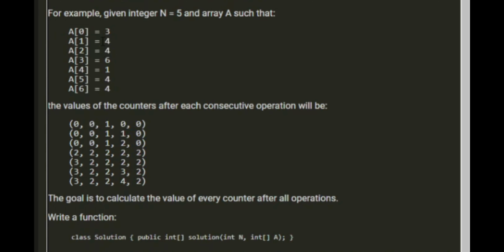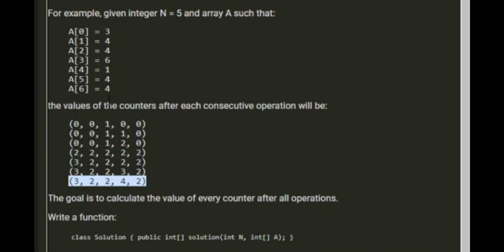Then 4, we increase counter 4 by 1. Then 4 again, so now counter 3 is 1, counter 4 is 2, and then 6. Now this is n plus 1, so we set them all to the max counter value, which is 2. Then 1, we increase counter 1 from 2 to 3, and then we've got 2 lots of 4, so 2 to 3 and to 4. So that makes sense.